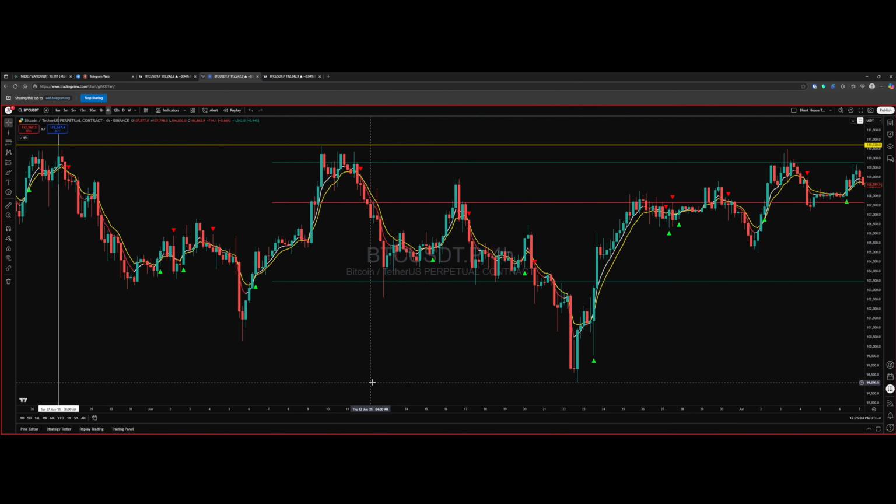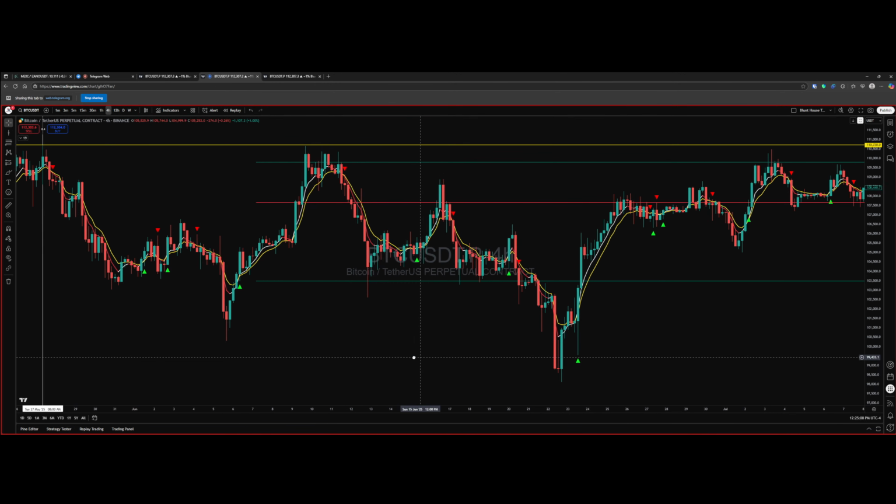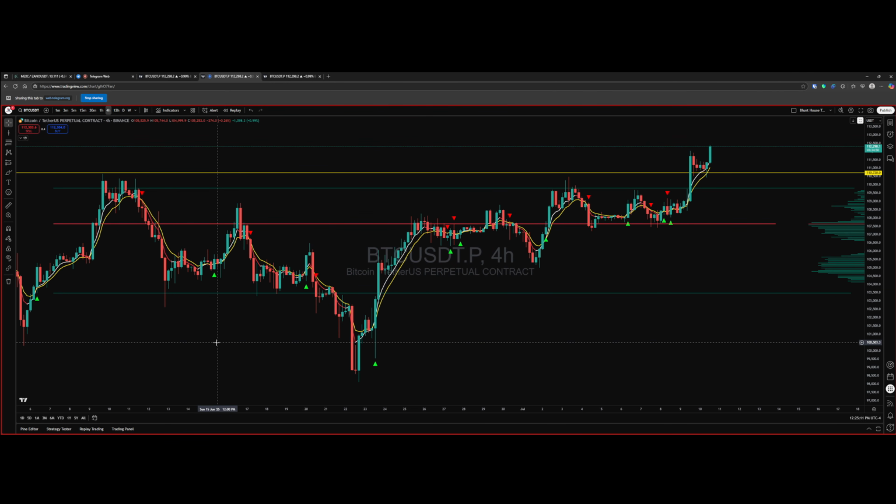And here we are, going back to the 27th, when we could first connect that top. We took a run at this level almost 3 times, and here's our 3rd attempt back on Thursday of last week.